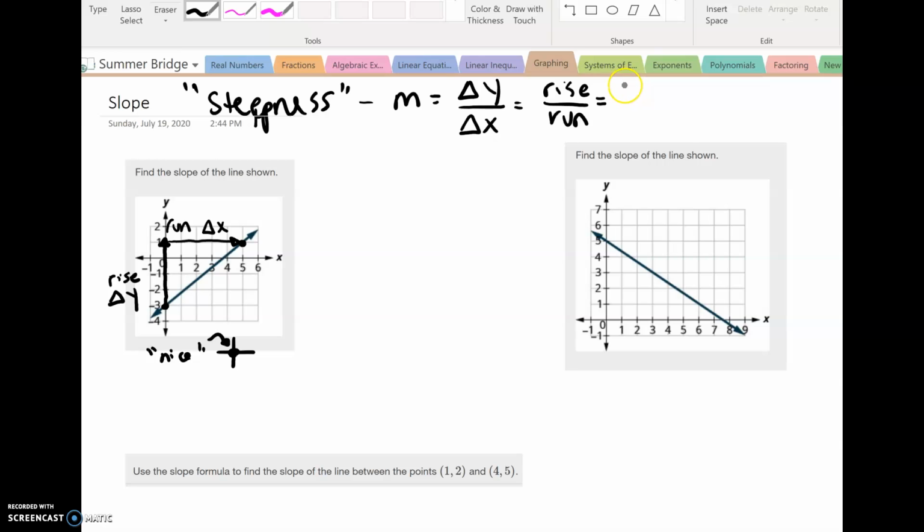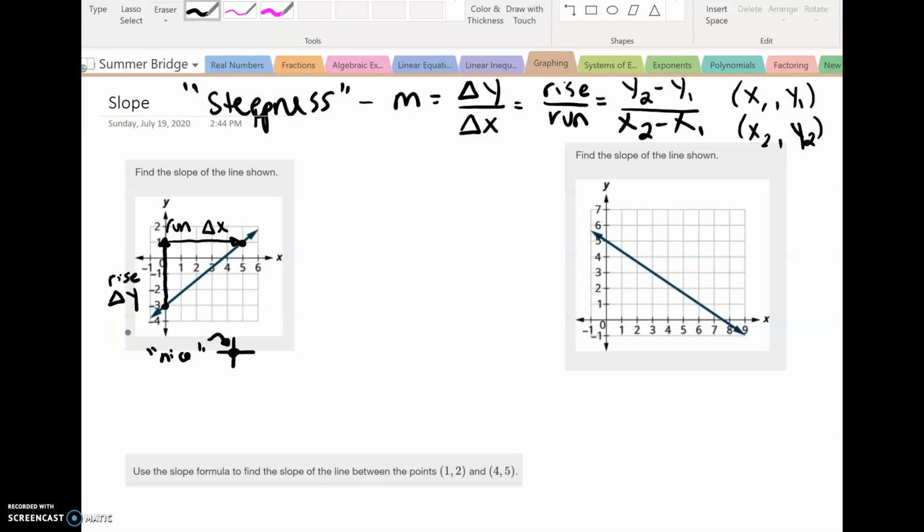So change in Y can be some Y value minus another Y value divided by the same coordinate, but X, minus another X coordinate of the same point, okay? And that's what the Y1 and the Y2, the X1 and the X2 mean: X1, Y1 being one point, and X2, Y2 being a second point.